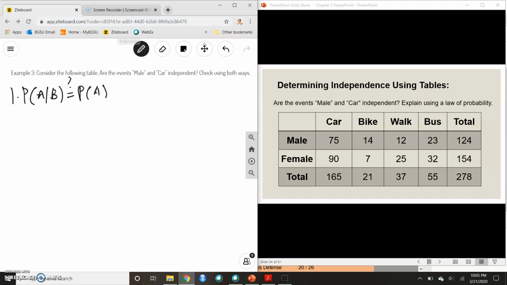So let's say that event A is being male, and then car, let's call that event B. So we're checking to see if probability of being male, given that they took the car to school, is that equal to probability of being male?